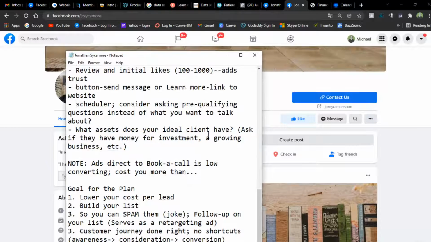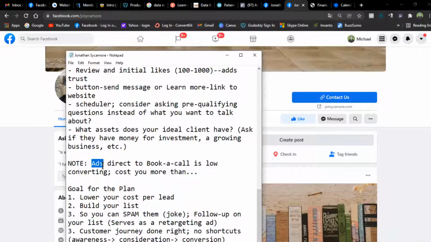Or let's say one of your ideal clients should have a growing business. Maybe you can ask, do you have a business, a website, a growing business where you have a lot of cash flow to invest? So yeah, that's all.